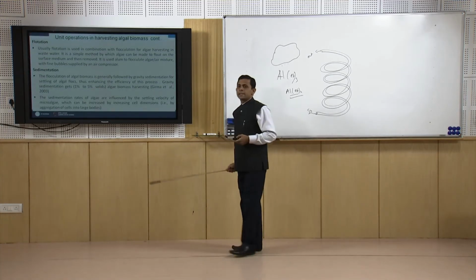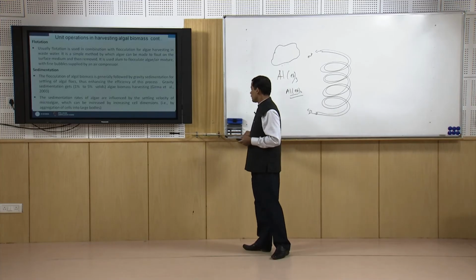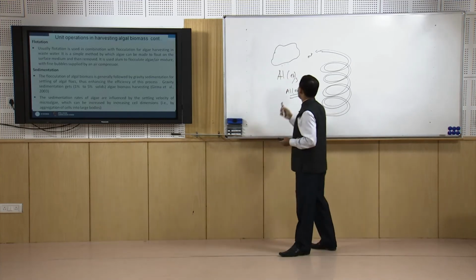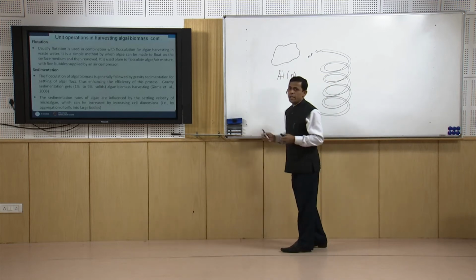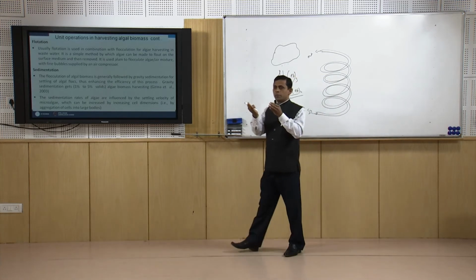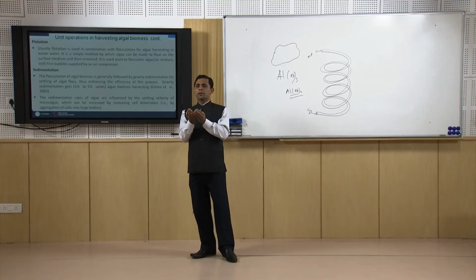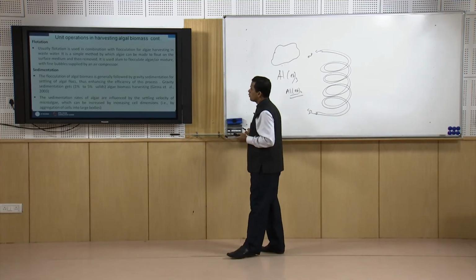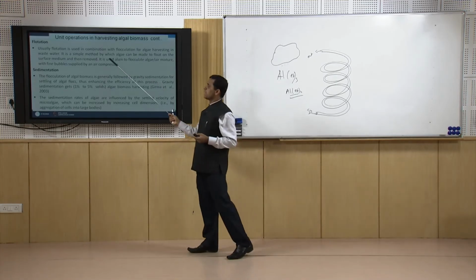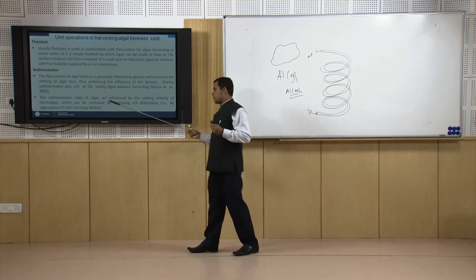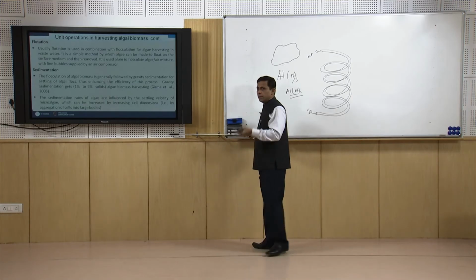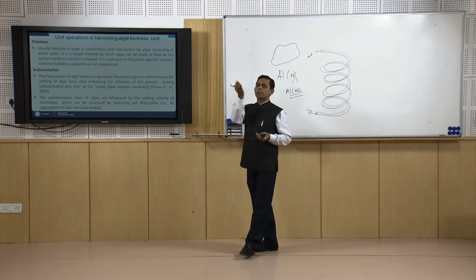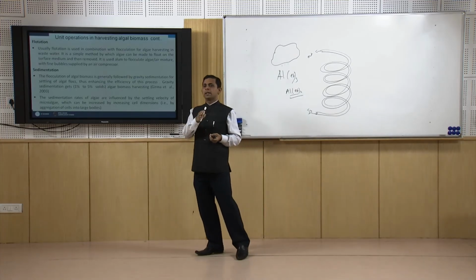Now, flotation and sedimentation are also two important processes for the harvesting of algal biomass. What will be happening when we add some flocculants, then small algal cells will come together very close and will create agglomeration and bigger size particles. Now, if we pass some air in the media, then these particles may be in floating form and will come at the top of the media and can be separated.